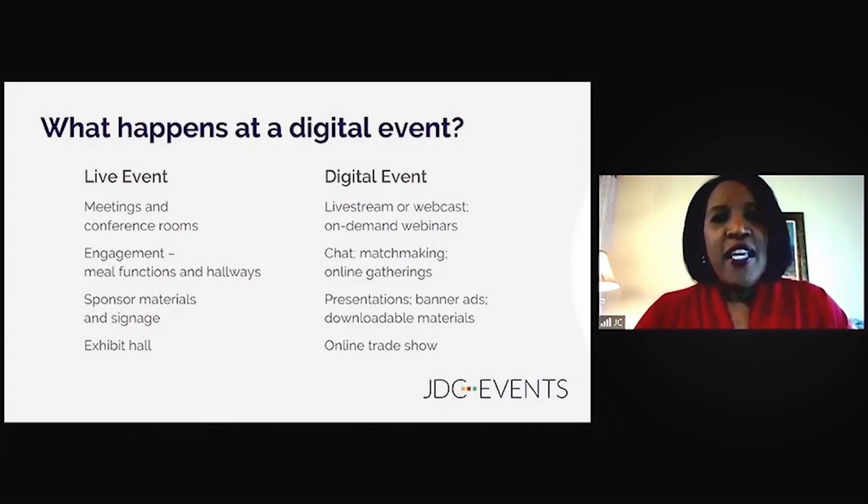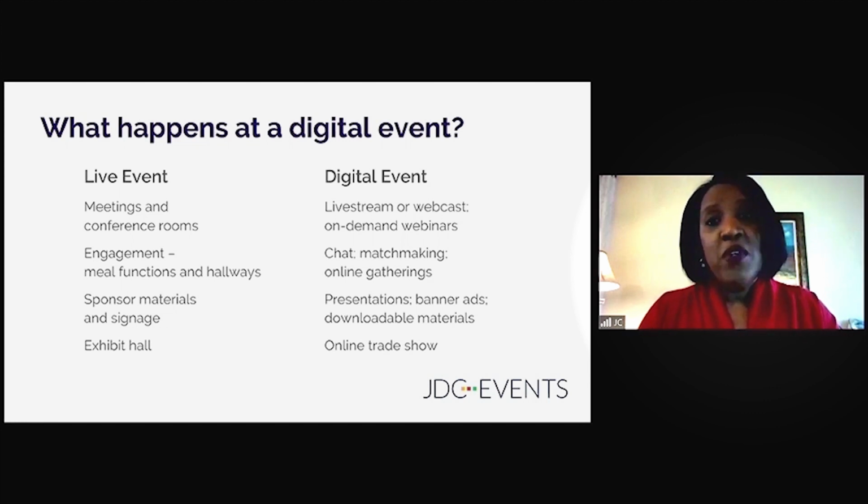So for those that may not be familiar with digital events, I wanted to go through the comparisons. When you're at a live event, you have meetings and conference rooms that you go to hear the content. At a digital event, it's the same in the sense that it would be delivered via a live stream or a webcast, or maybe an on-demand webinar that you can download.